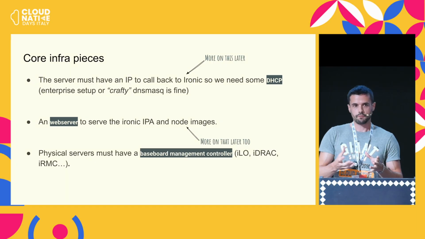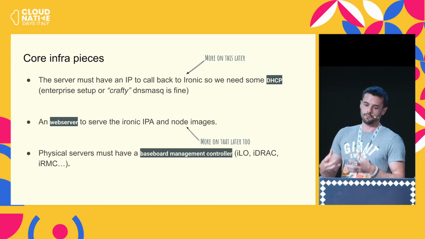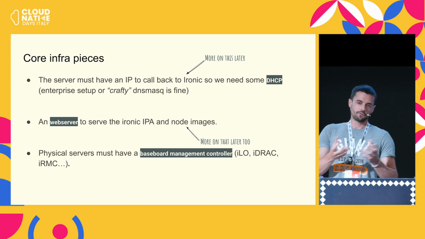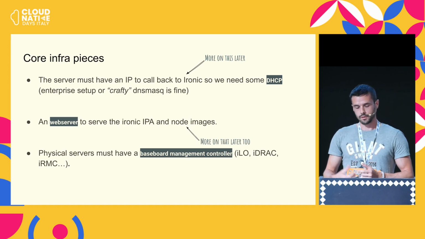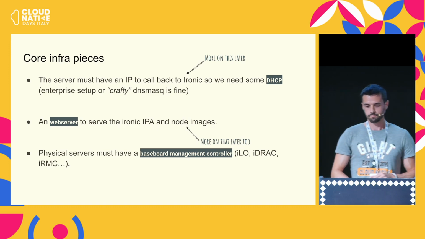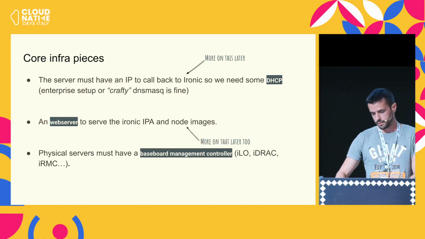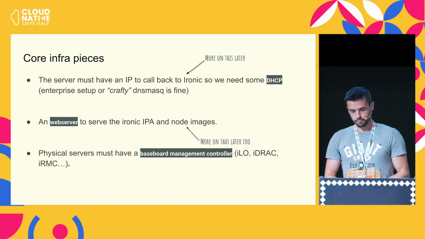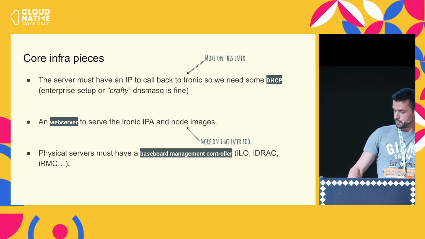But here we have to take care of that ourselves. So we need to either build the images or take them from somewhere else, like Exoscale, for instance, serve them on the web server so that our stack can consume them. And of course, we need physical servers that are compatible with Metal³ with an out-of-band management card.